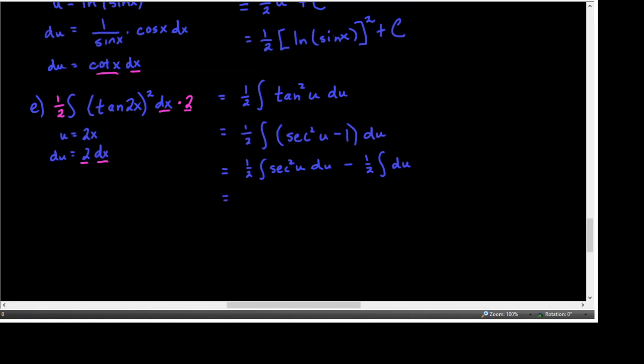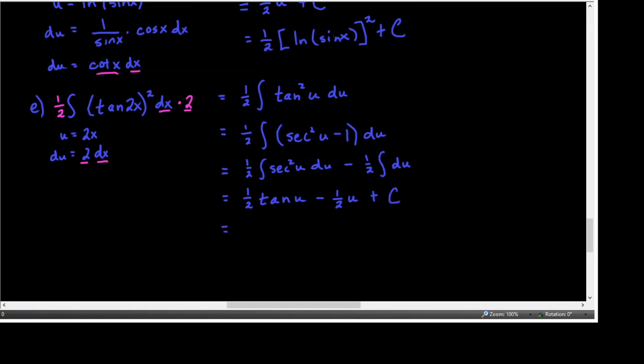And secant squared u is one of our basic 20. It's number 14. And the antiderivative of secant squared u is tangent of u. And the antiderivative of 1 du is u. Hopefully you did not say x accidentally. That would be bad. It's u.